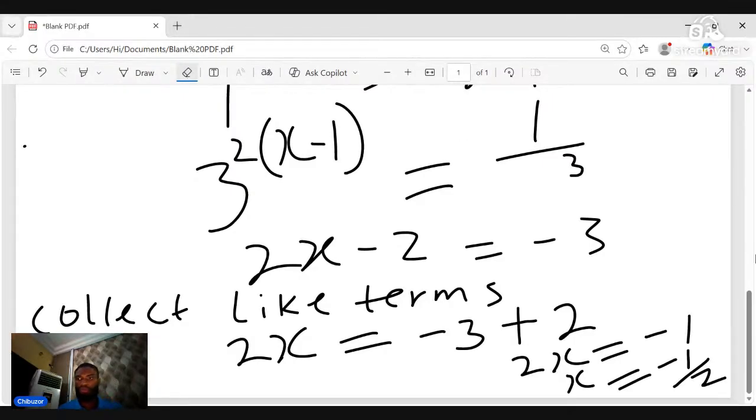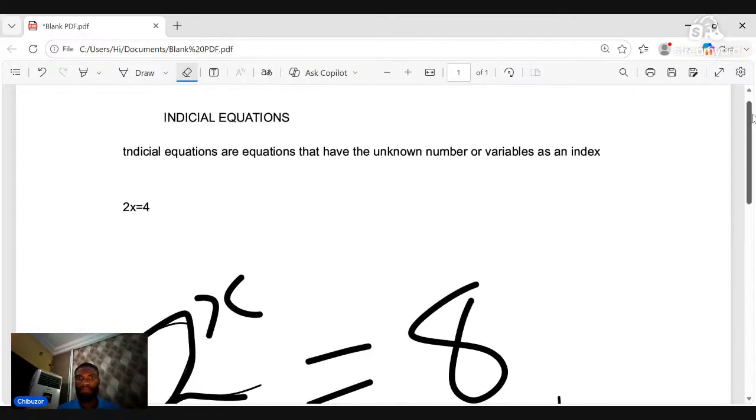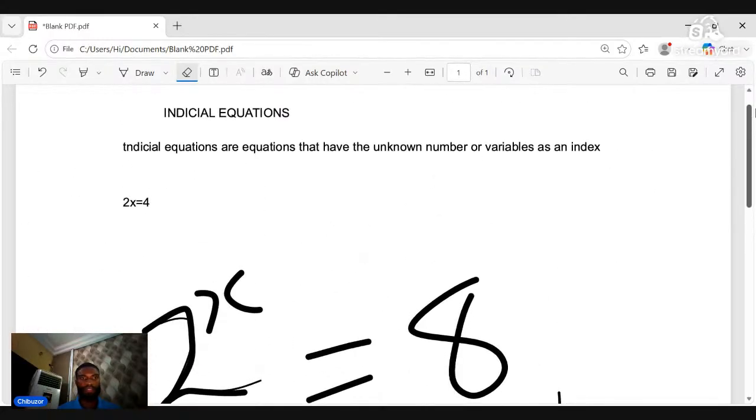So we'll go on to type 3. Type 3 of indicial equations.